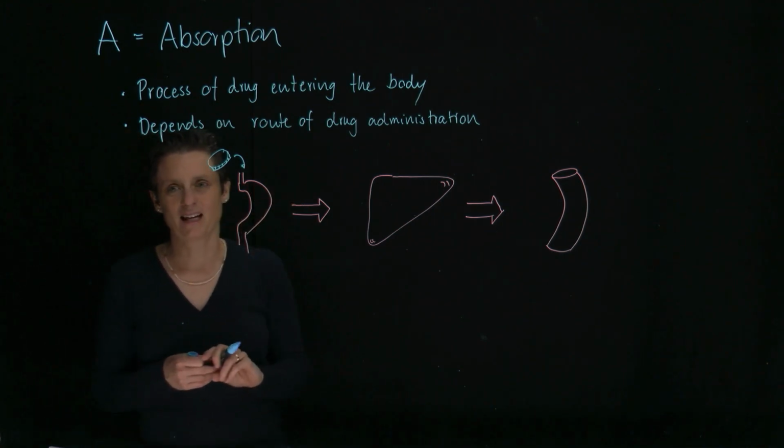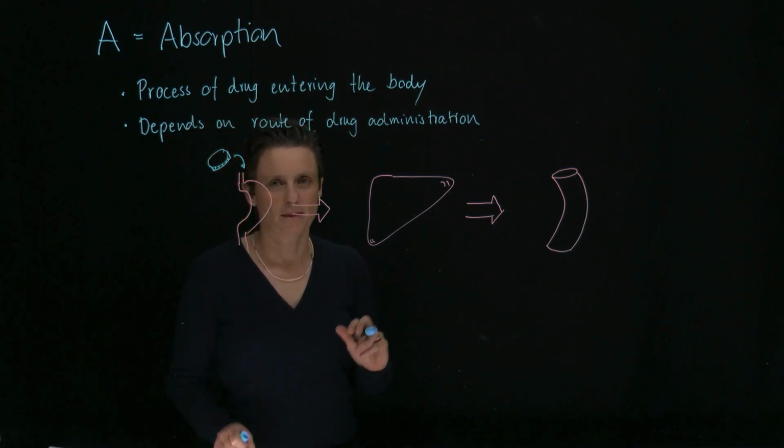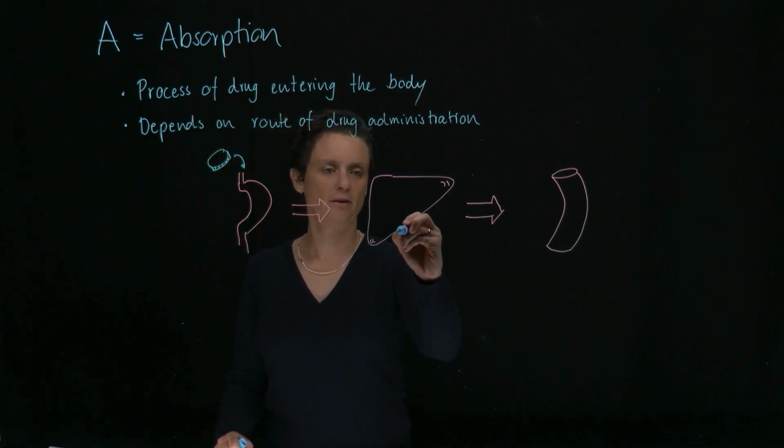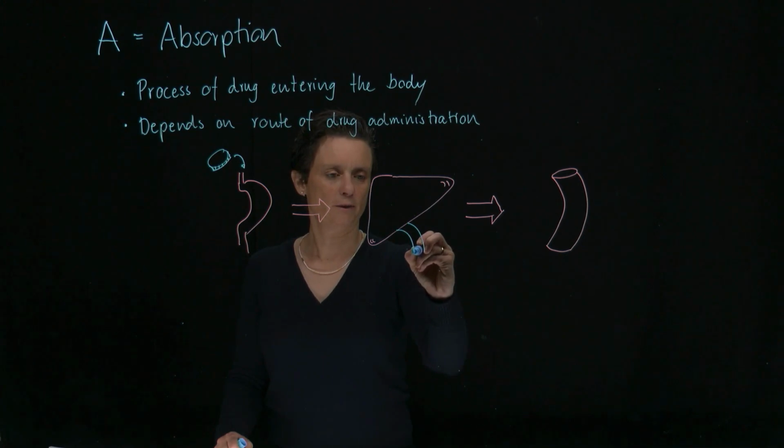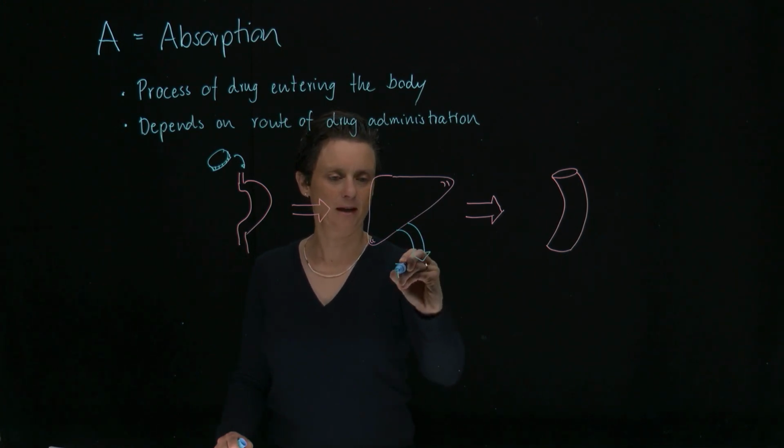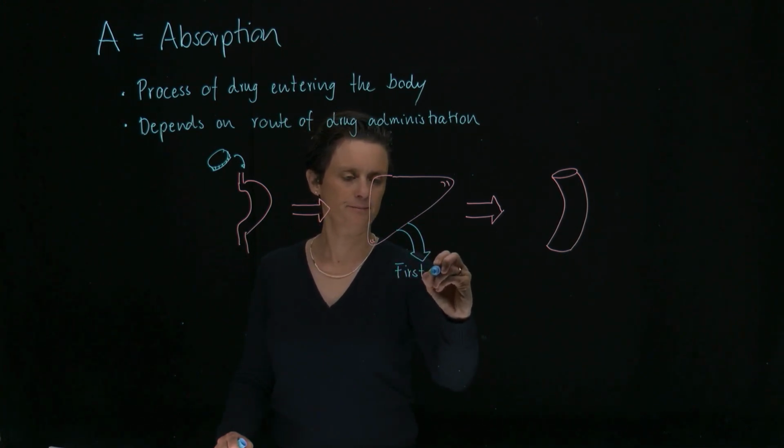And then there's another very important metabolism happening in the liver, which is called the first pass metabolism.